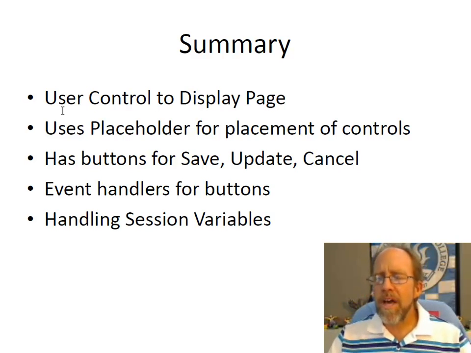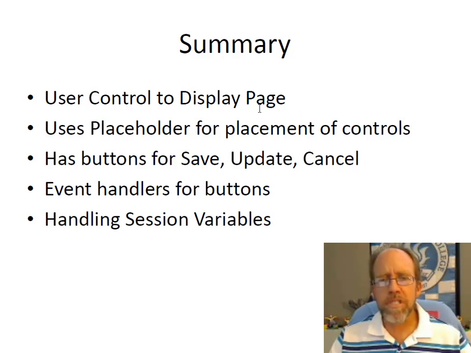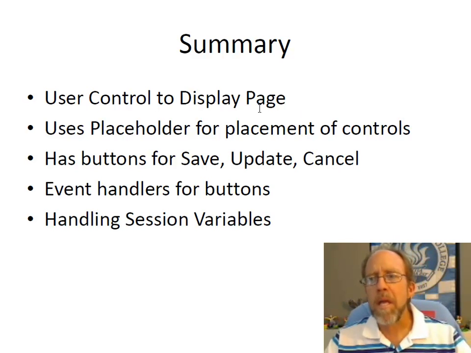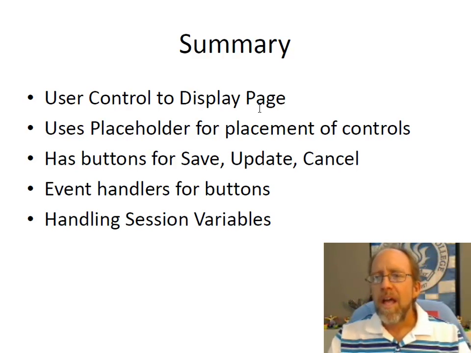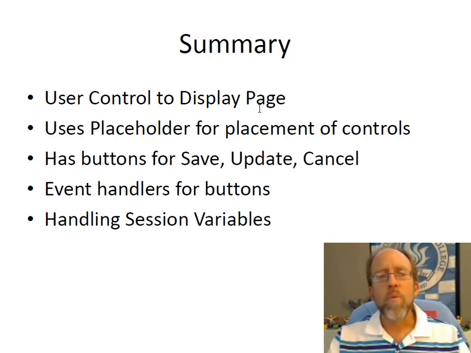Within that, I have a placeholder, and the placeholder is simply a place where I'm going to dynamically place the controls that I want there, which are the text boxes and drop-down lists that I have. And the control will also have a button for save, update, and cancel, which does do some actions, but at the same time also implements event handlers to bubble the event up to the next object level, the object which is a container for the user control.